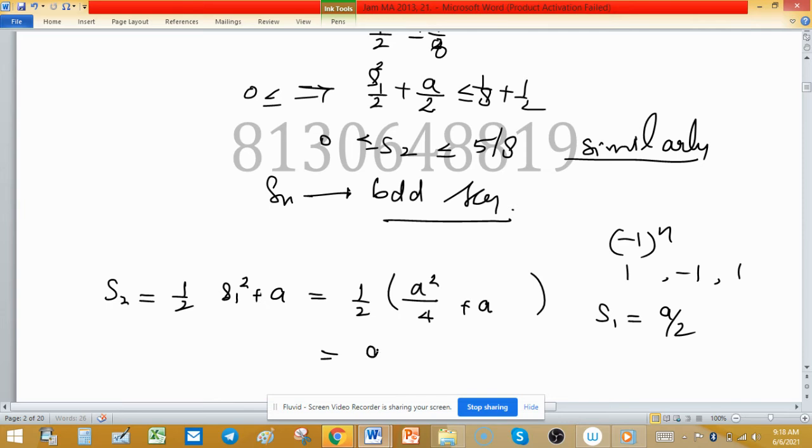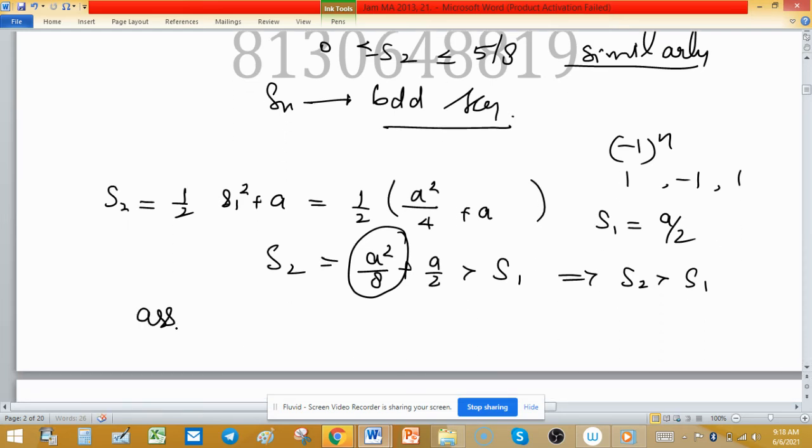So it can be written as a square by 8 plus a by 2, and this is greater than S1 because something is added more. So S2 is greater than S1.